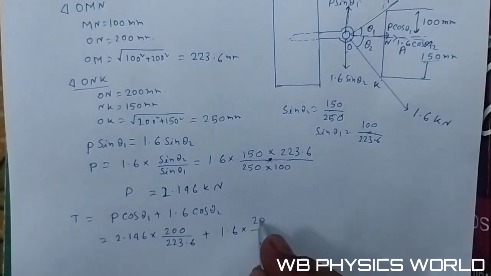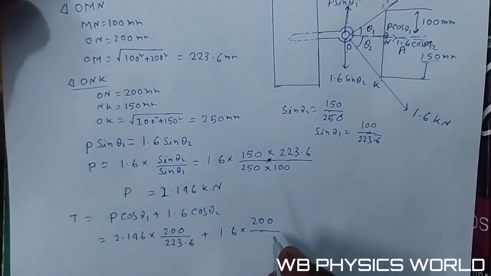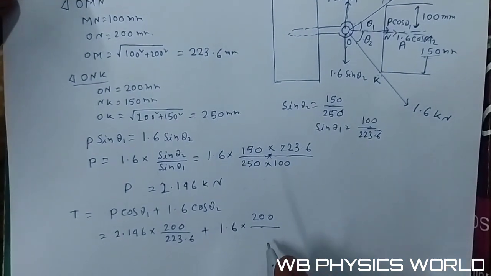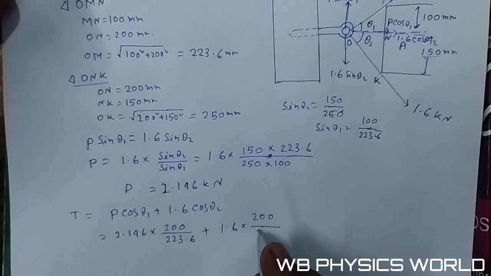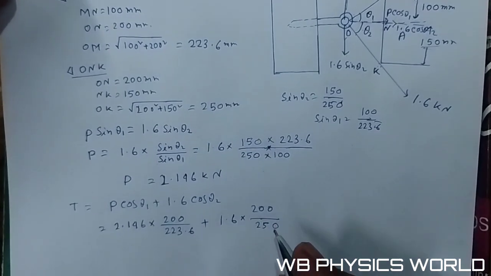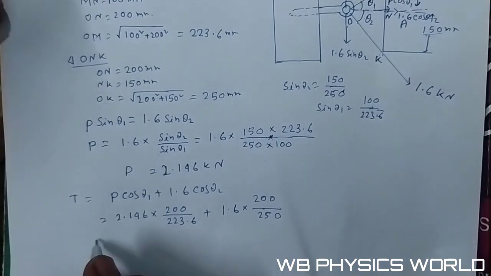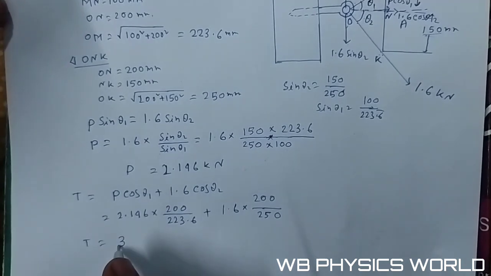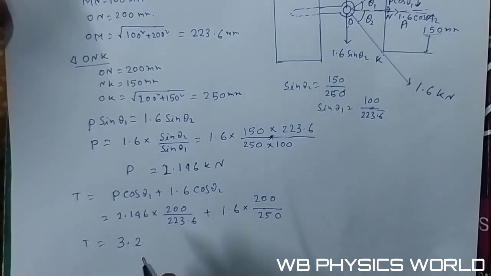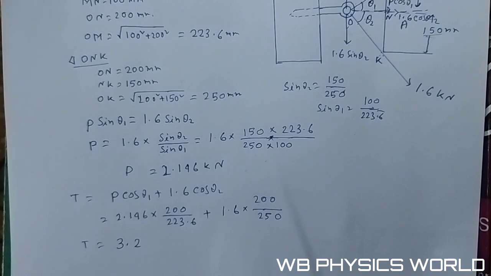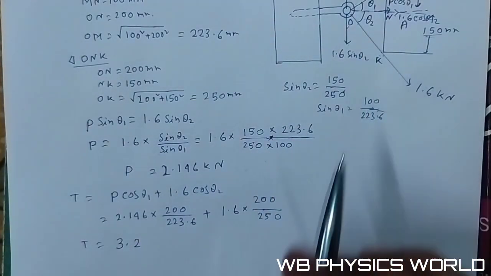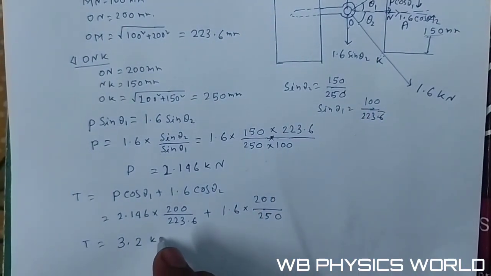Here base is also 200 and hypotenuse is 250. After calculation, the total value of T is 3.2, and this is directed horizontal to the spike, 3.2 kilonewton.